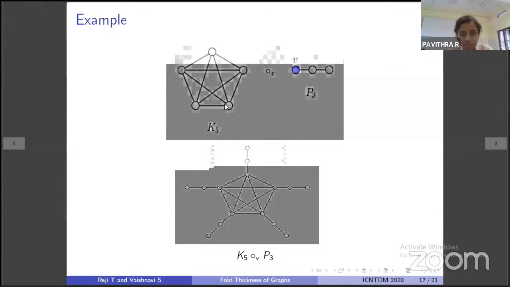This is an example showing the rooted product of the complete graph K5 and the rooted graph P3. In the rooted path graph P3, the root vertex is taken as a pendant vertex of the path. So this is the resultant graph. For each vertex of K5, this root vertex is identified with it.